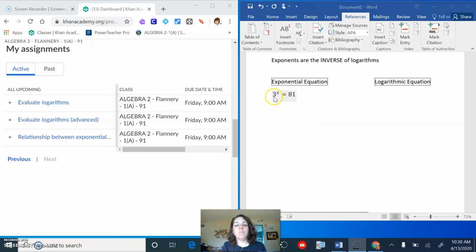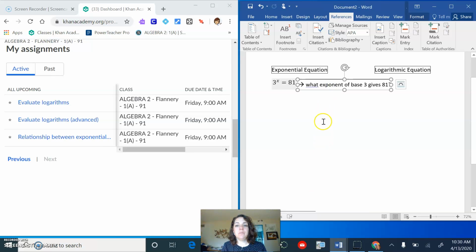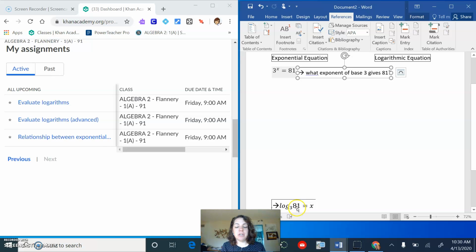That's saying, okay, what exponent of 3 gives me the number 81? That's what that's asking. What exponent of base 3 gives the answer 81? And the logarithmic way to ask that exact same question is written like this.